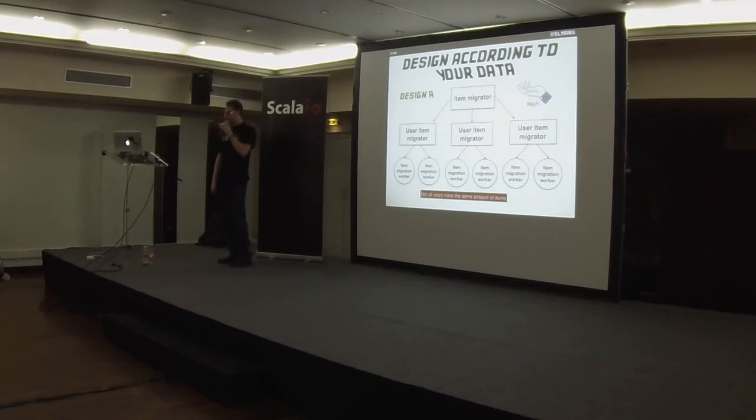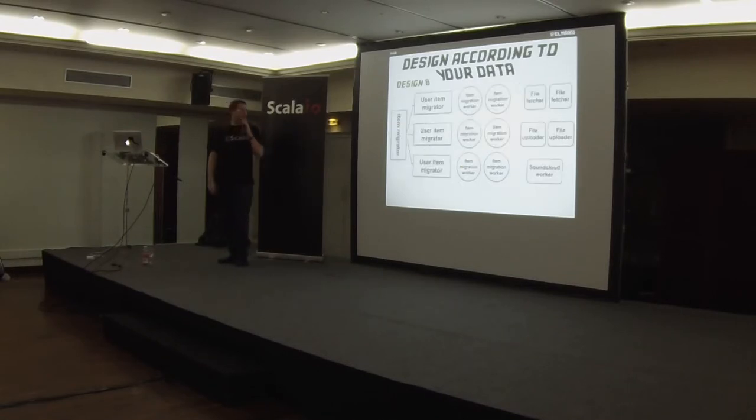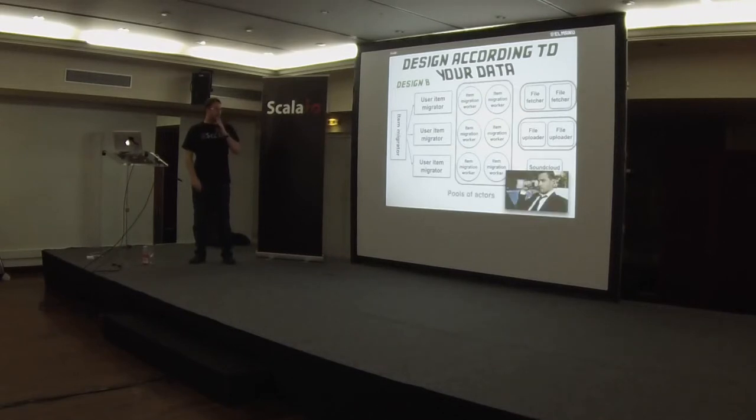So what we ended up doing here is another approach, wherein the migration workers were set up, and all sorts of other kind of actors that we were using. You see but a few of the different types of actors we had were set up in pools.